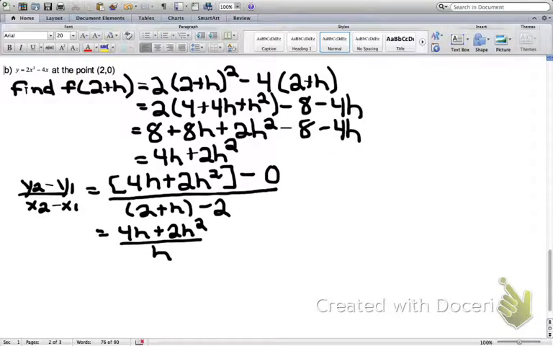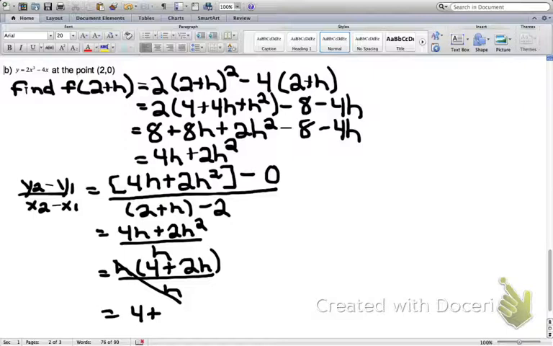We then can take out an h, since I'm going to try to get rid of the denominator. So we have h times 4 plus 2h all over h, and then we'll be left with 4 plus 2h.